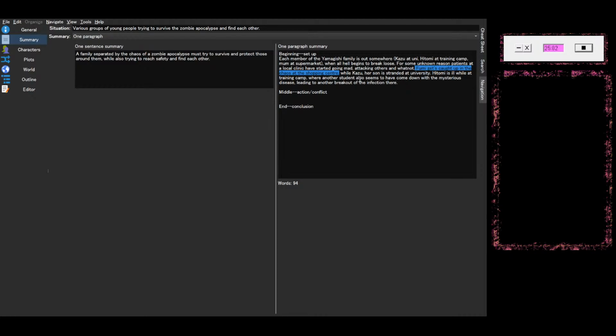I mean, if we have it happen at a clinic in the shopping centre, then yeah, she's closest to ground zero. And then we move on to the son, Kazu, because he's the next closest. And then the last would be Hitomi because she's the furthest away, and also I want it to end with her.